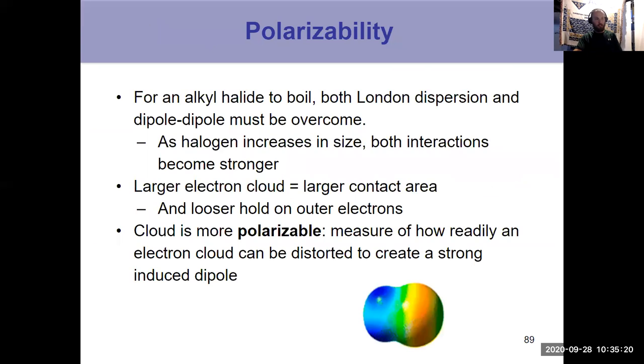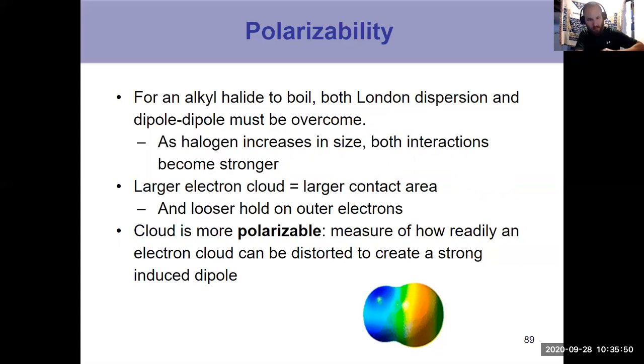We'll circle back to hydrogen bonding in just a second, but before we do that, to finish dipoles, let's think about alkyl halides. So when I'm putting a halogen, something from group 17, on a molecule, if I have an alkyl halide, so I've got a carbon chain and then I've got a halogen somewhere on it, I have to overcome the London dispersion forces in the alkyl part of the molecule, where all the carbons and hydrogens are, and dipole-dipole forces, wherever the halogen itself is.